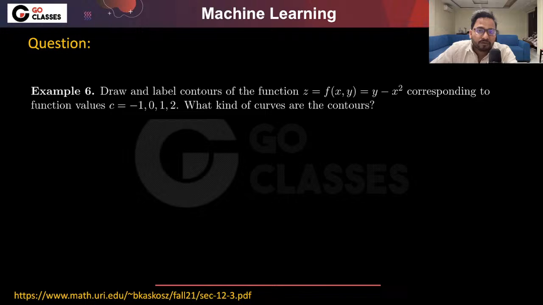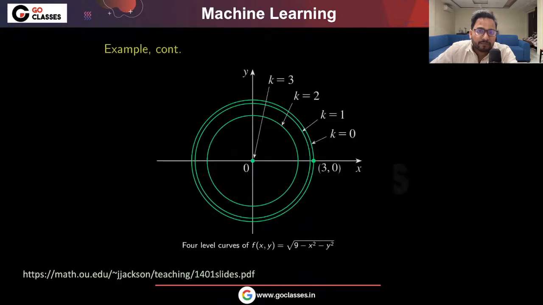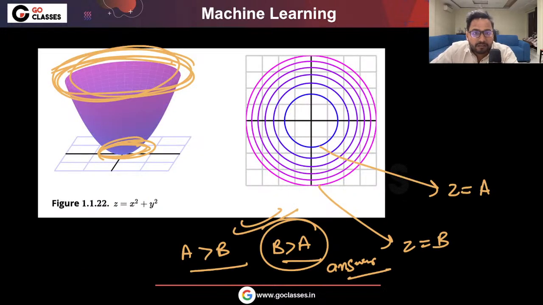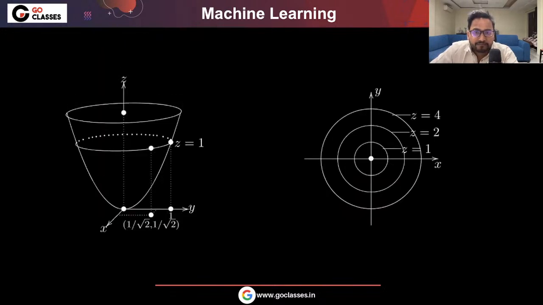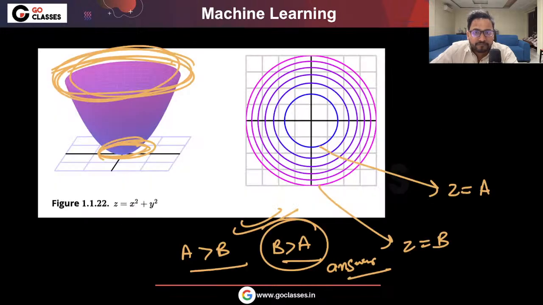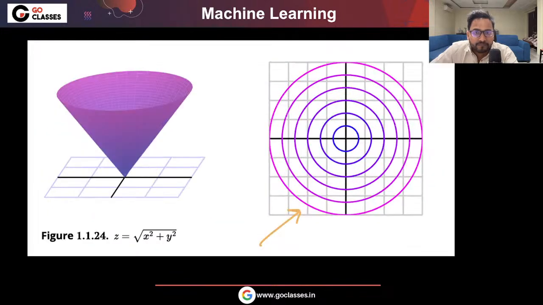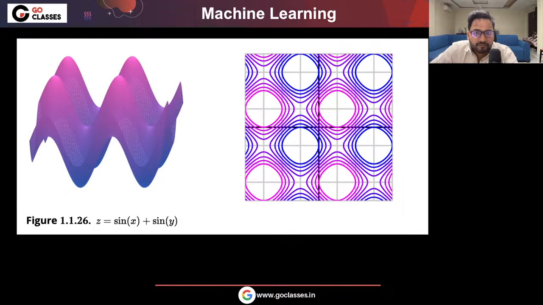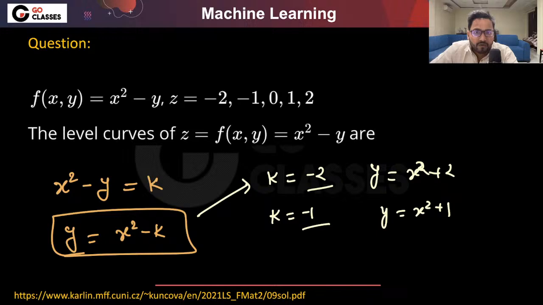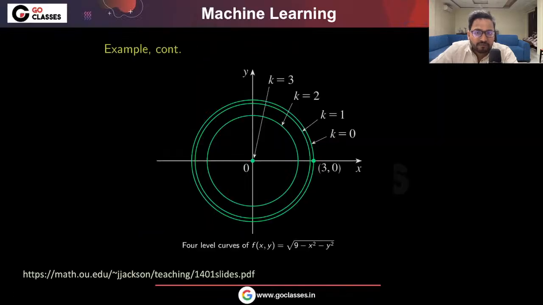So let's have this example. Suppose this is some function, and I'm making the contour of this function. Let's have this function, which is like this, right?